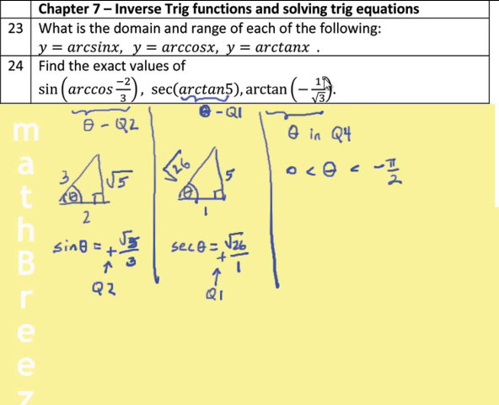That is in quadrant 4 because of this negative value. So the tangent of 30 degrees is 1 over the square root of 3. So we're looking at reference 30 between these two values. This is minus 90 degrees, if I change over to degrees. So theta must be equal to minus 30 degrees. Theta is between 0 and minus 90. And tangent theta is negative 1 over square root 3. So that's it, minus 30 degrees.